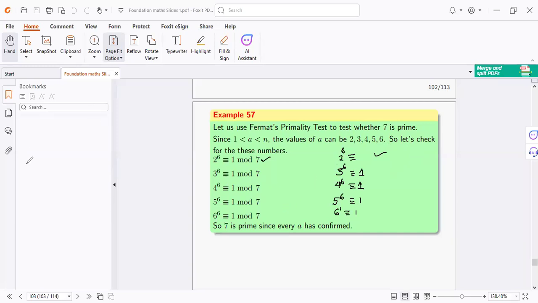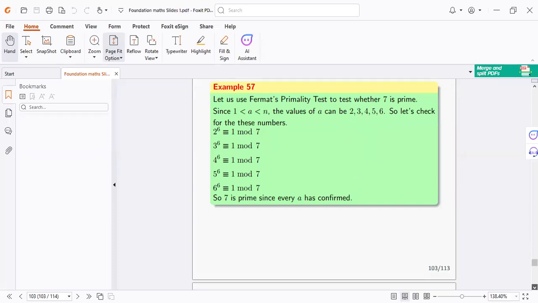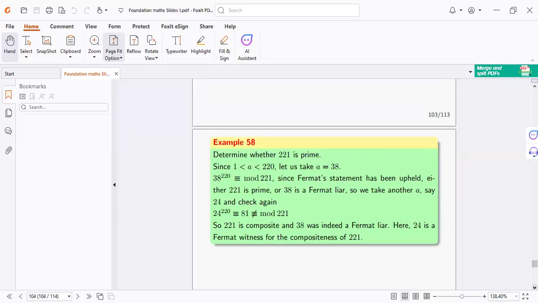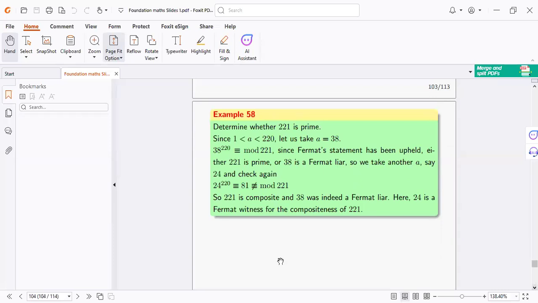Now, let me look at another example. I want to test whether 221 is prime. So I pick any number smaller than 221. I've decided to pick 38. So I perform 38 raised to p minus 1.